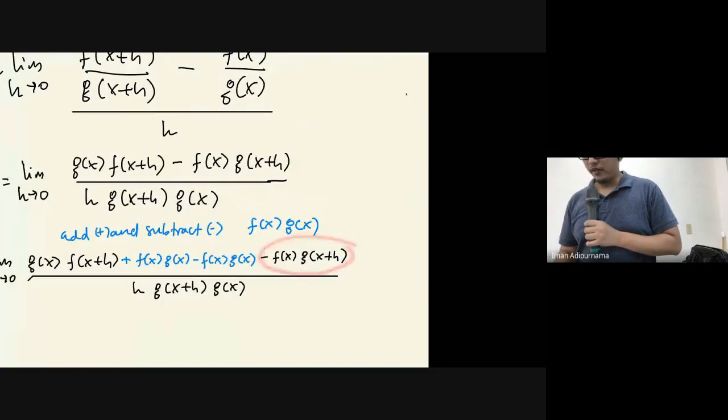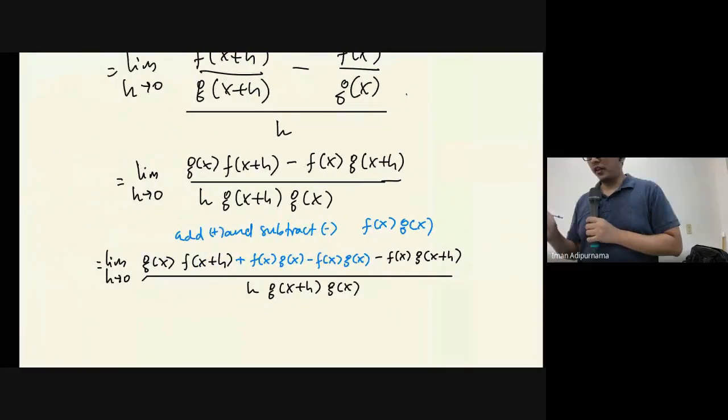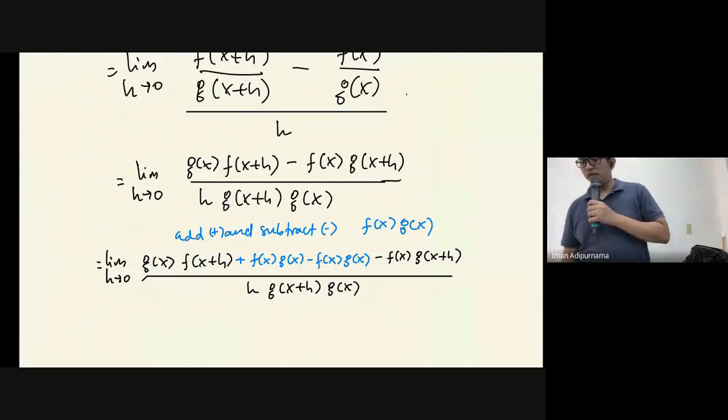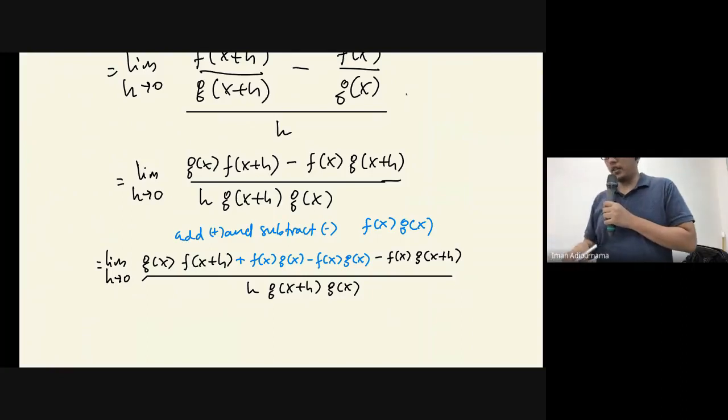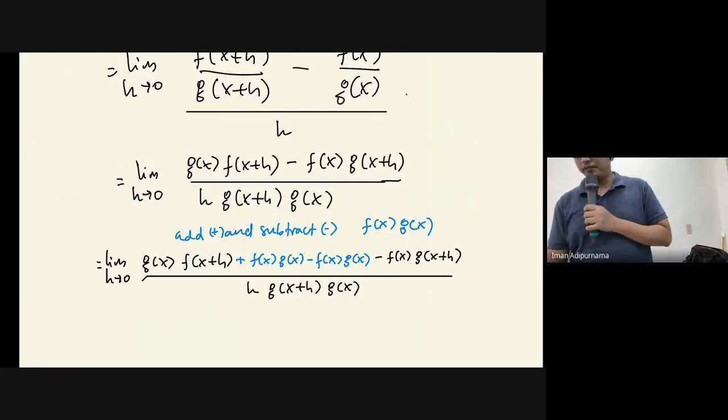Another important thing: previously you remember that I also grouped the opposite signs, plus and negative. Why do we need to group plus and negatives? The idea is to form f(x plus h) minus f(x) over h. That's the derivative, right?